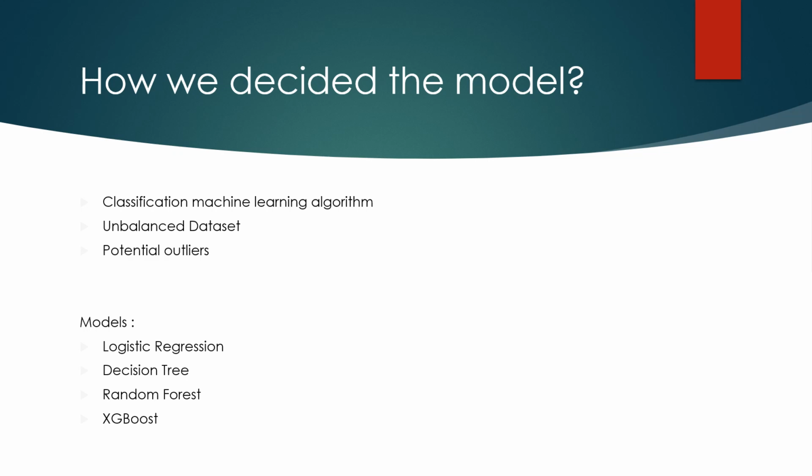So it is an unbalanced dataset. This needs to be factored in while selecting the appropriate machine learning model. While looking at the box plots, we also saw that the data has some outliers as well. Considering these points, 4 models were tested for accuracy, and these are the results.